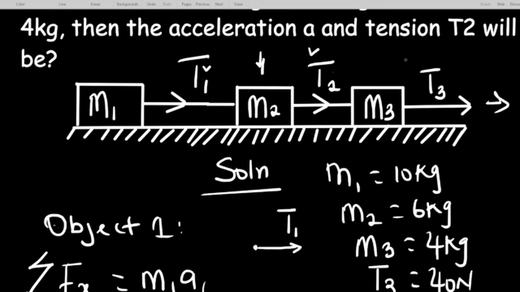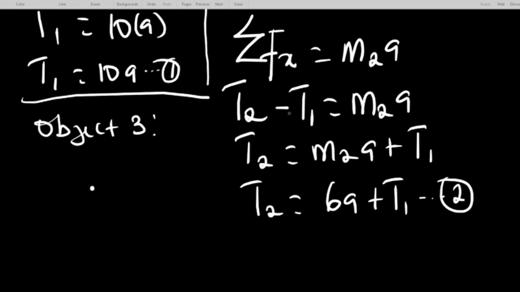Then we have a force on the left, on the right, and another force on the left. So here we have T3 pulling to the right, and this is T2 in the opposite direction. So this now becomes negative T2.